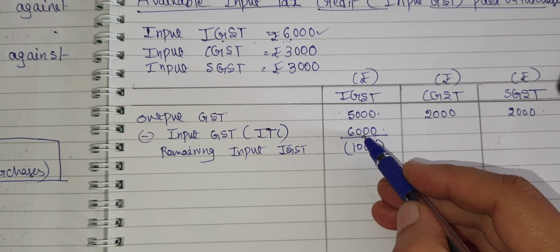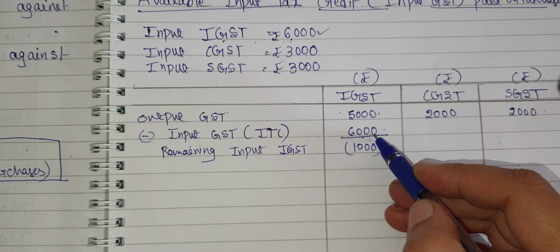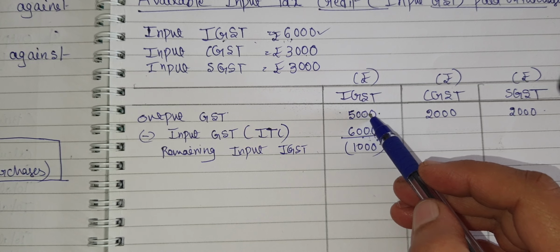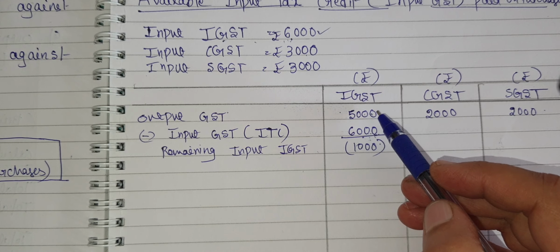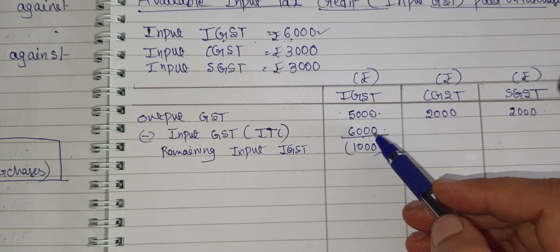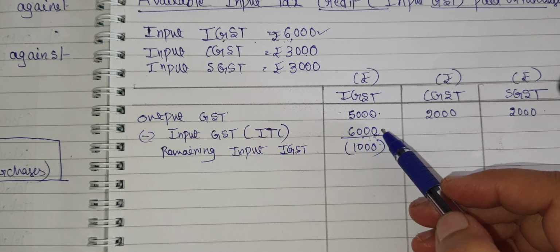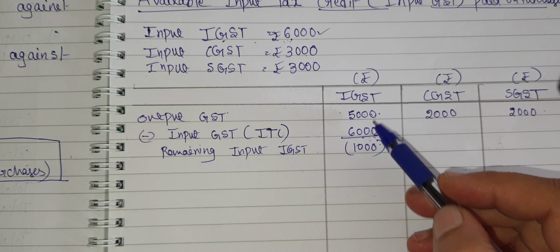You need not pay this collected tax of rupees 5000 to the government because you have already paid the tax of rupees 6000, which is more than rupees 5000.